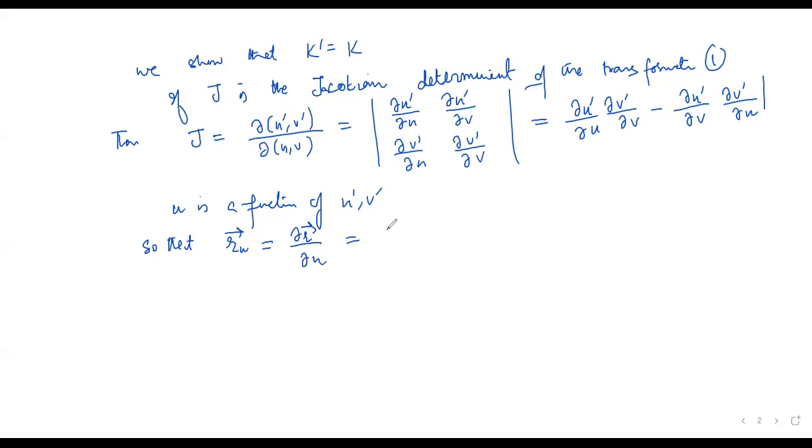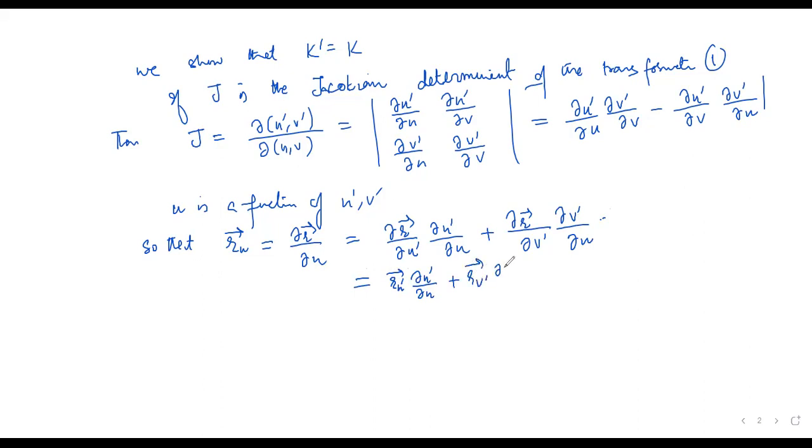That would be by chain rule del r by del u prime into del u prime by del u plus del r by del v prime into del v prime by del u. Okay, so you can just write it as, यहाँ पे लिखते हैं r u prime, into del u prime by del u plus r v prime into del v prime by del u.